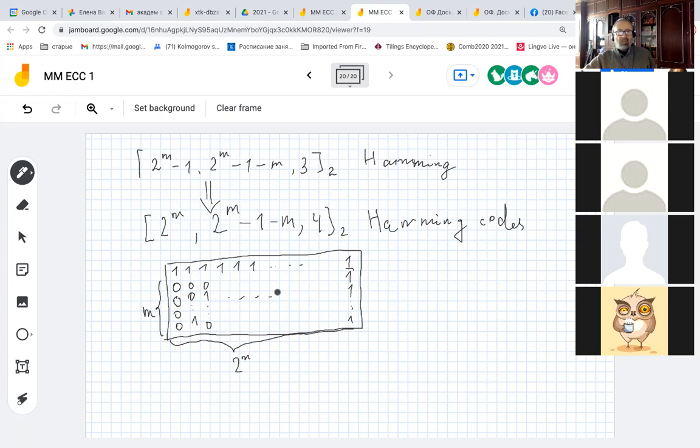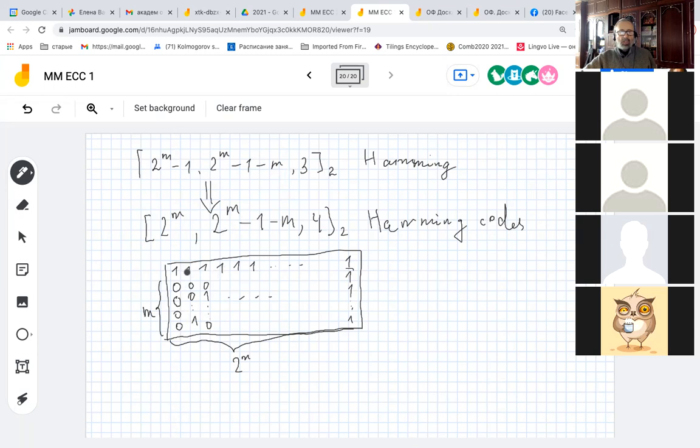Indeed, the code words for this code are obtained from the code words for the initial code by adding 1 bit, which equals the sum of all the remaining bits modulo 2.